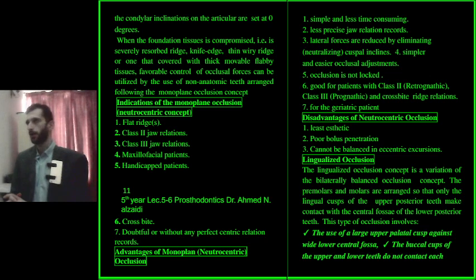It is used when the foundation tissue is compromised, for example a severely resorbed ridge, knife edge, thin wiry ridge, or one covered with thick movable flabby tissues. Favorable control of occlusal forces can be utilized by a set of non-anatomic teeth arranged following the monoplane occlusal concept.